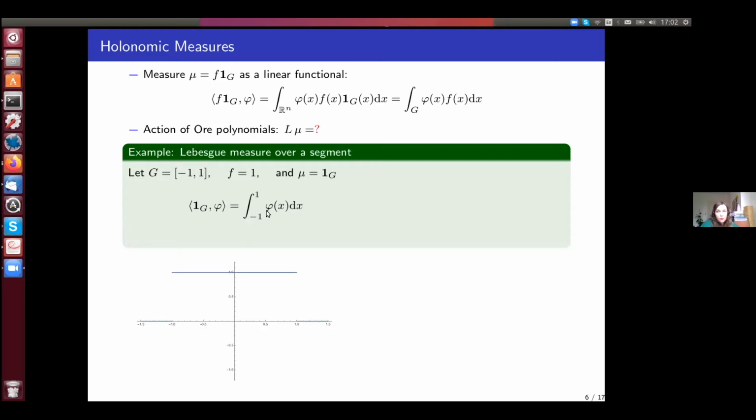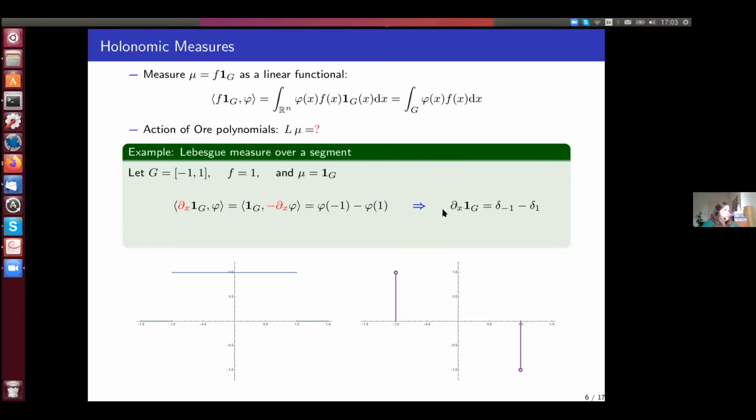So let's test one differential operator on this measure. Let's take the differential with respect to x. Then this commutes with the test function in the classical way, and then we get that this is just the integral from -1 to 1 of the derivative of the test function, and of course this is the classical formula, and we get that the action of the derivation on our measure corresponds to building the differences between two Dirac measures at -1 and 1.